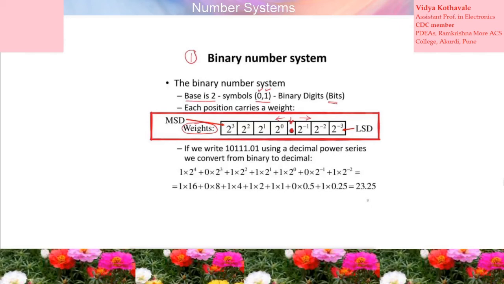Starting towards the left, the first weight is 2 raised to 0, then 2 raised to 1, 2 raised to 2, 2 raised to 3, and so on, 2 raised to 4, 2 raised to 5, and so on. For the fractional part, 2 raised to minus 1, 2 raised to minus 2, and so on. It continues: 2 raised to minus 3, 2 raised to minus 4, and so on.